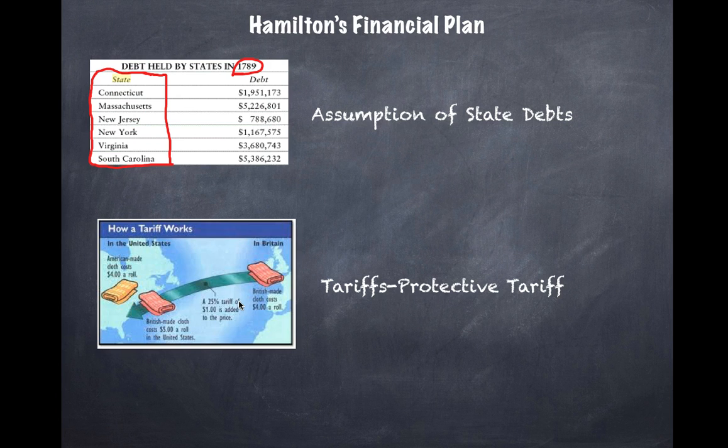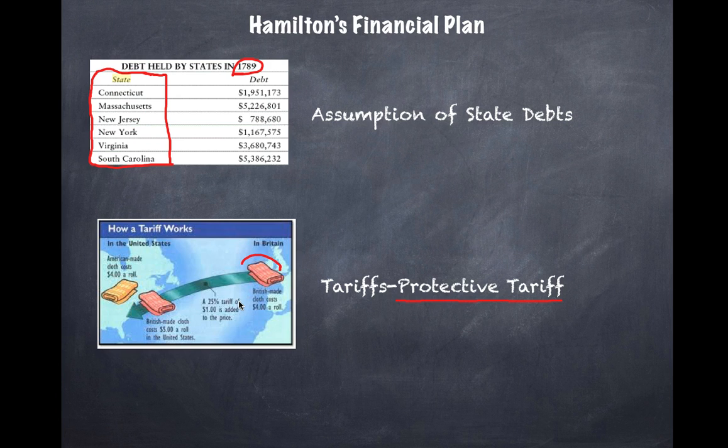The final thing was tariffs. Hamilton believed in a protective tariff. So we know already, or we should know already, that tariffs are a tax on imports.